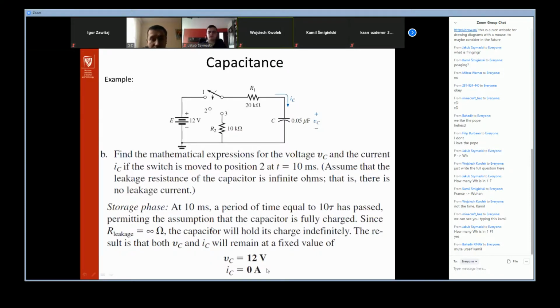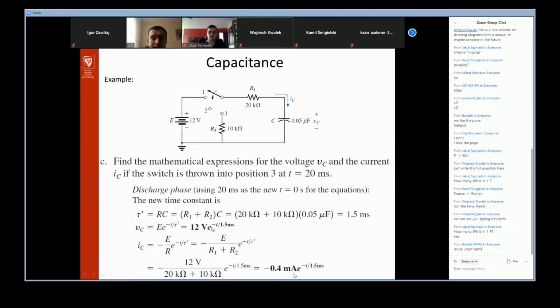In the next step, we change the position from the second to the third one. And what we've got is that this switch is connected with the third terminal. In fact, we've got a closed loop. Something happened here. First, we've got two resistances which are connected in series.